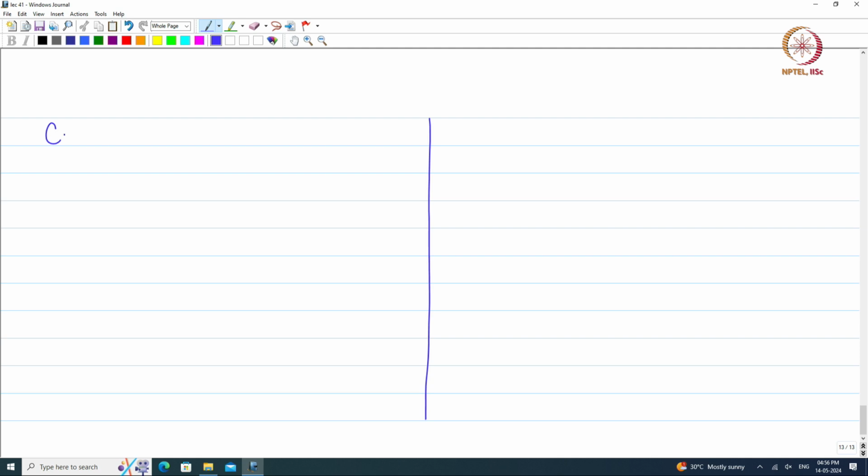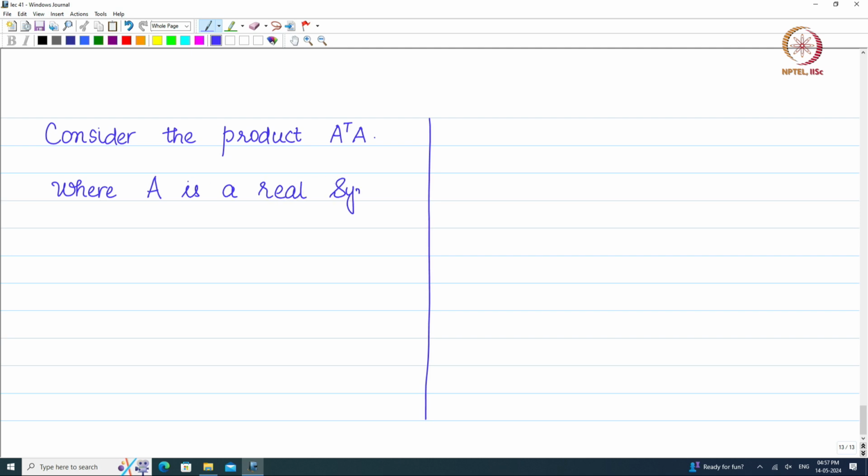So, consider the product A transpose A. Now, what is A transpose A, where A is again a real symmetric matrix?